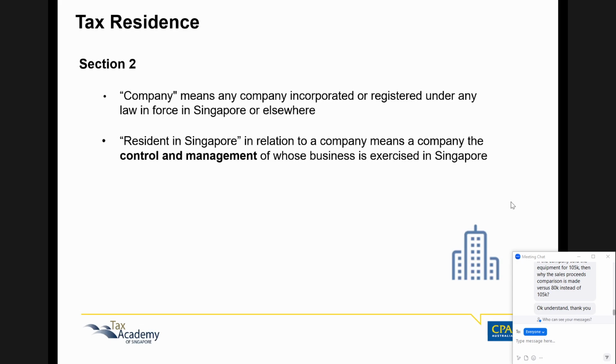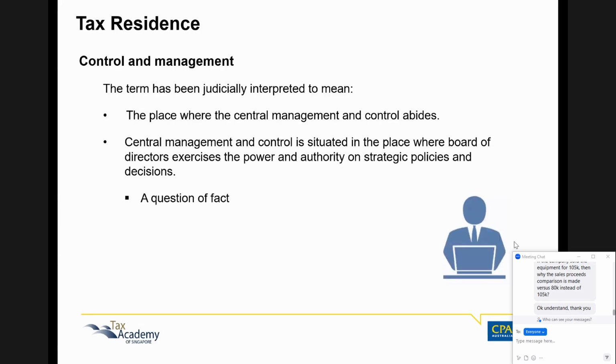So here we are looking at the words control and management. Just want to highlight the point that it doesn't mean that when a company is incorporated in Singapore, it is a resident in Singapore. For tax residency of a company, we look at where the control and management is. If you look at the second bullet point, central management and control is situated in a place where the board of directors exercises the power and authority on strategic policies and decisions.